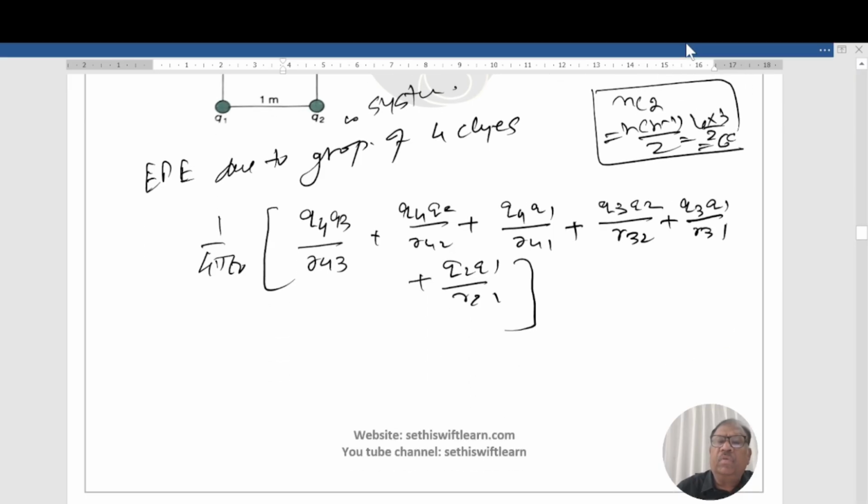Right? On further simplification, this comes out to 9 into 10 to the 9.